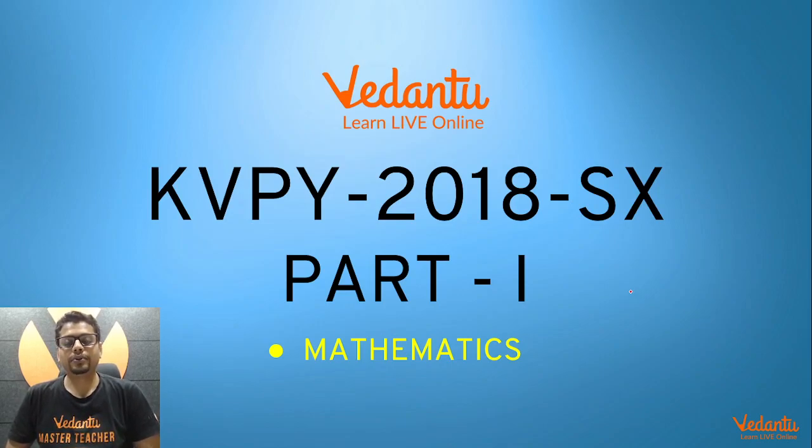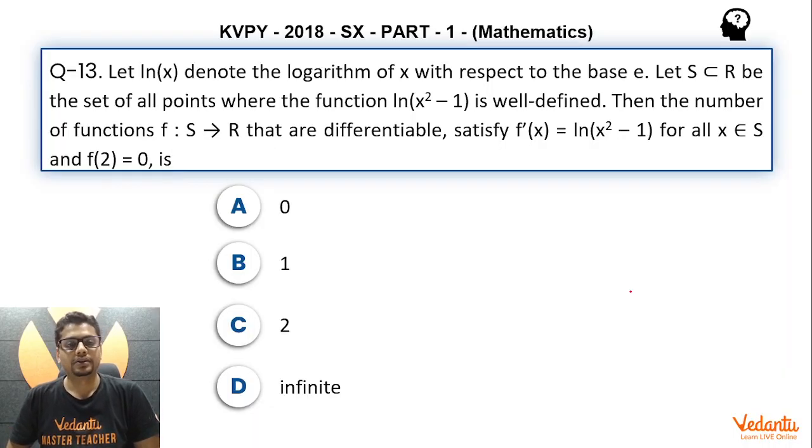We are discussing KVPY 2018 SX Part 1 Mathematics, and the question for this video is this. Let ln x denote the logarithm of x with respect to the base e. Let S, a subset of the set of all real values, be the set of all points where the function ln of (x square minus 1) is well defined.